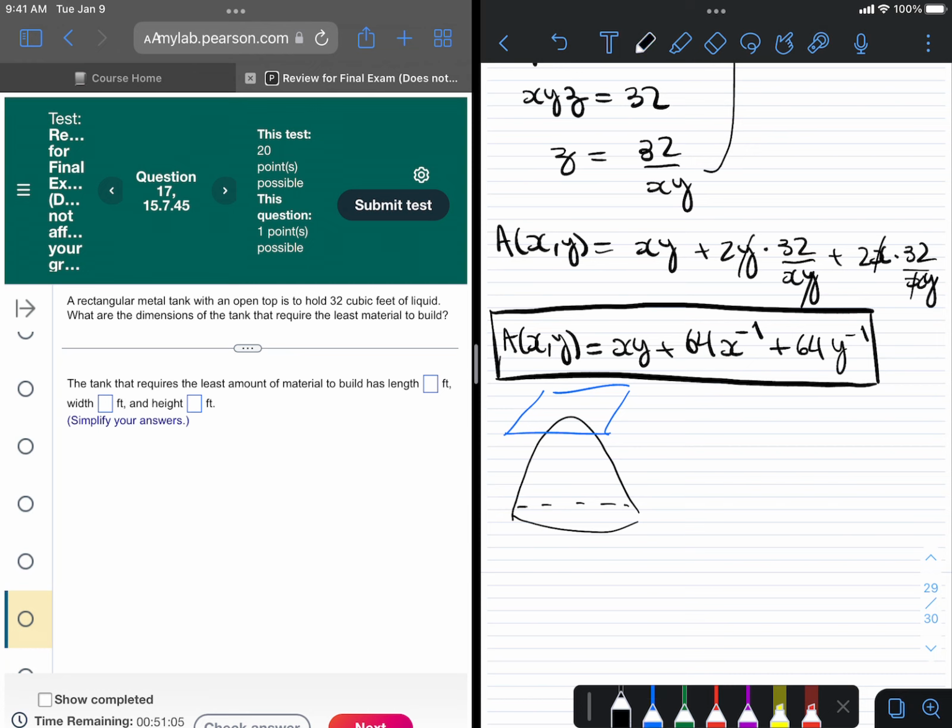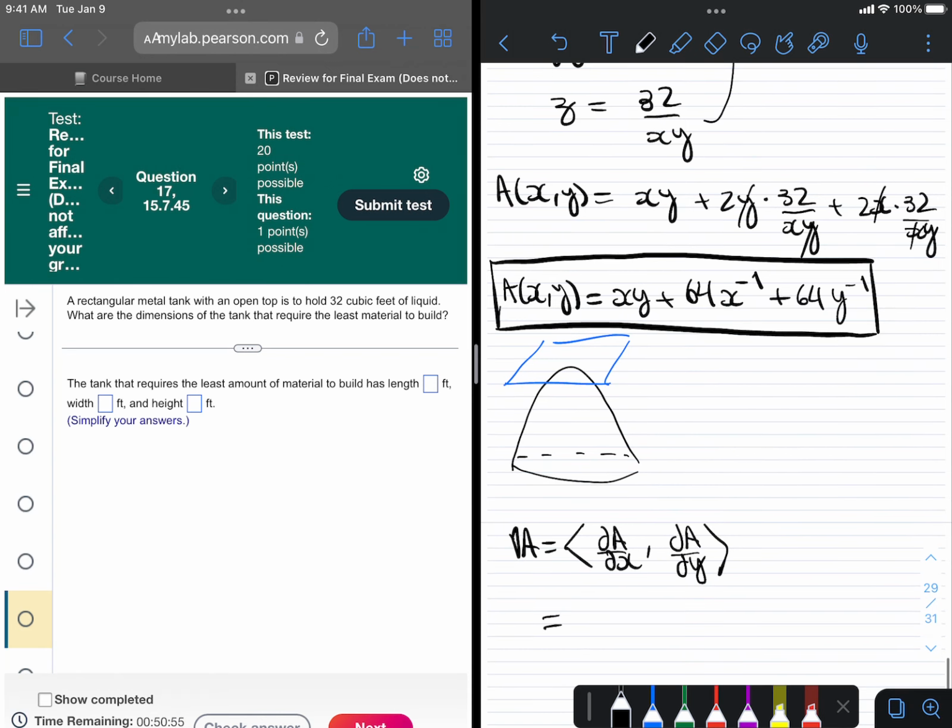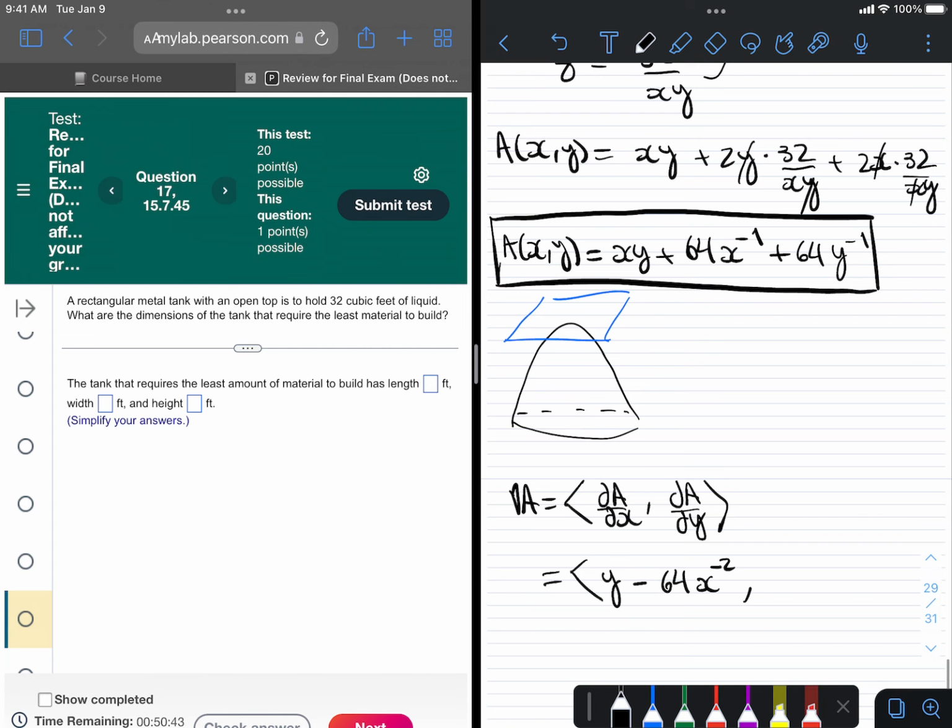So the gradient of A, first coordinate is dA/dx, second is dA/dy. Deriving with respect to x, that is y minus 64 x to the negative 2, comma, deriving with respect to y, that's x minus 64 y to the negative 2.